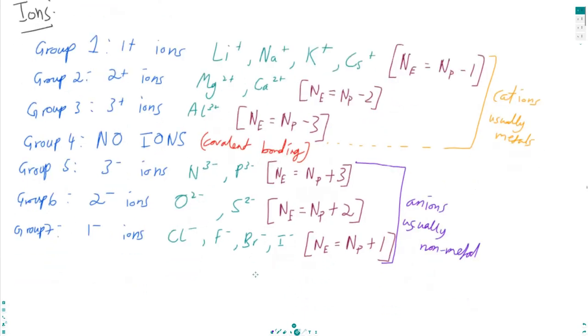Remember, an ionic compound, no matter what the charges are, always has a neutral charge overall. An ionic compound must maintain stability, and in order to do so, it needs to have a neutral charge.